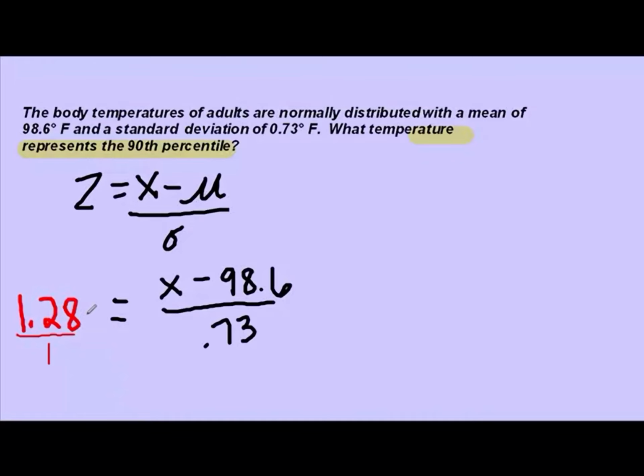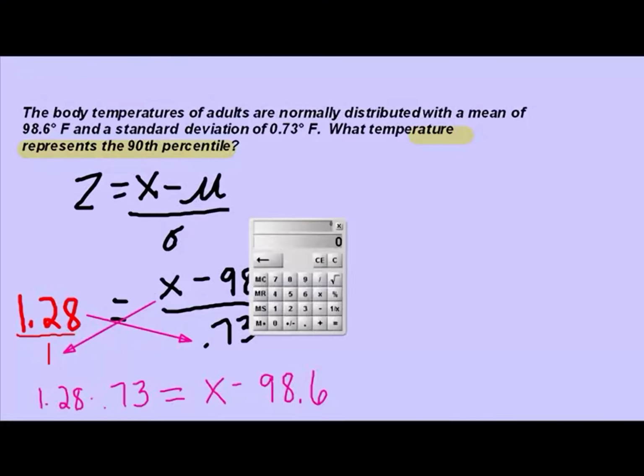This means I'm going to take 1.28 and multiply it by 0.73. That's going to equal the product of x minus 98.6 times 1. Since anything times 1 is itself, we can go ahead and solve this.